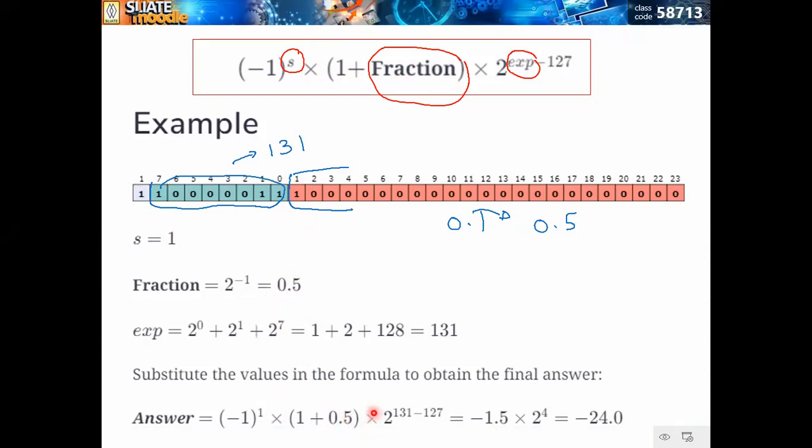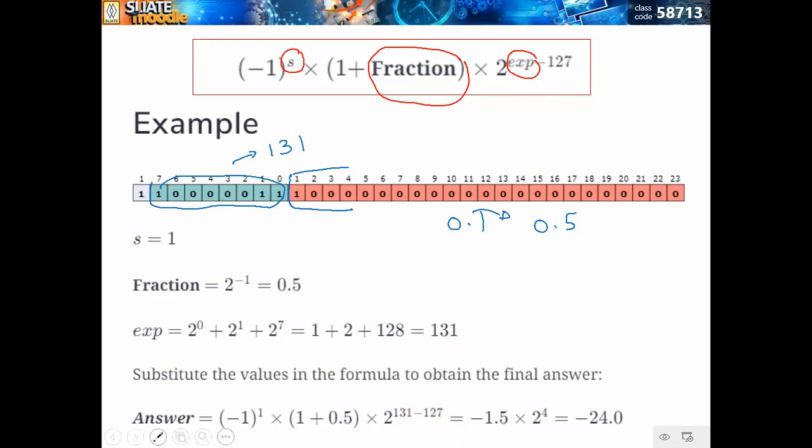Then times this part, 2 to the power exp minus 127. We found the exponent from here, that value 131. We apply it to this formula, 131 minus 127. Then you get the answer like this.